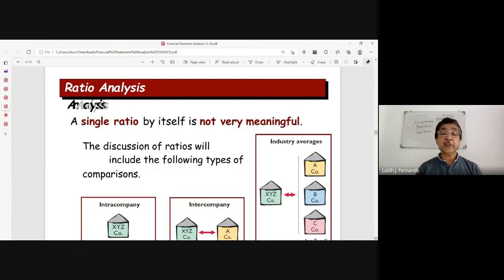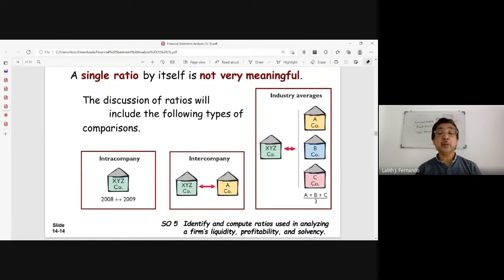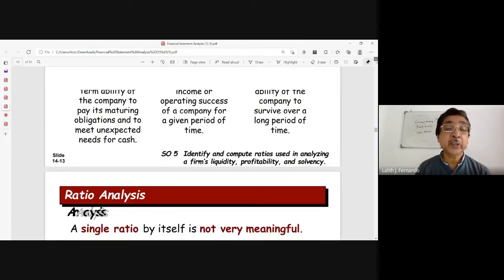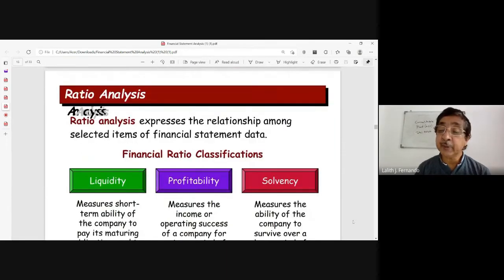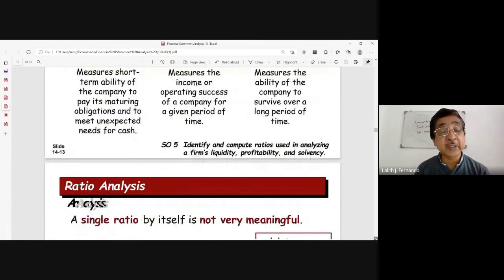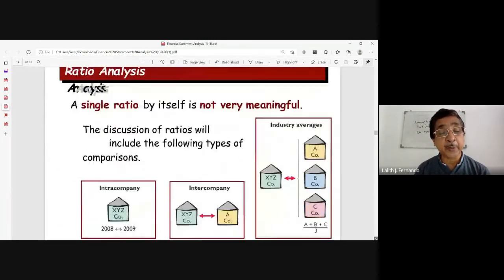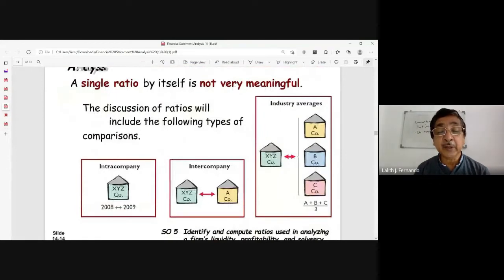Now, comparison can be intra-company. Intra-company means we get it only within the company. You can remember that we did one earlier at the beginning, only in the company, so we call it intra-company. Intercompany means you have two companies, JCPenney and Quality Department Store.